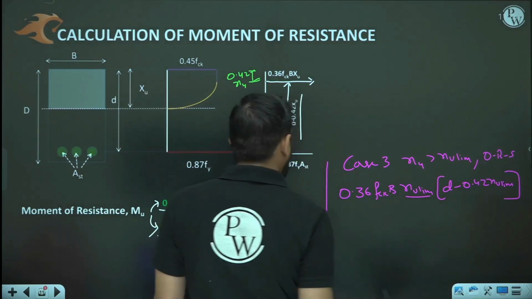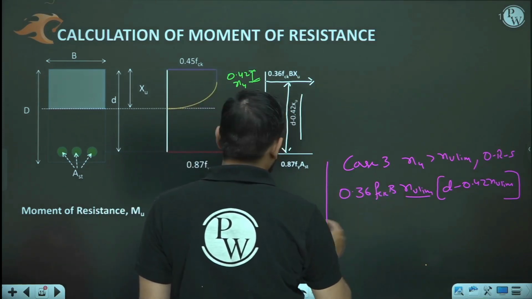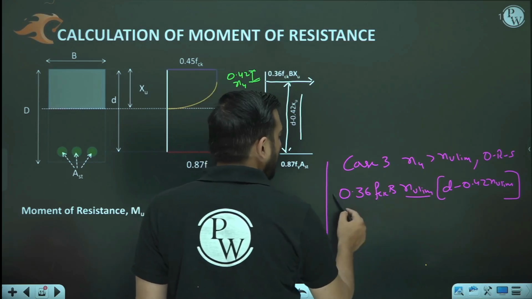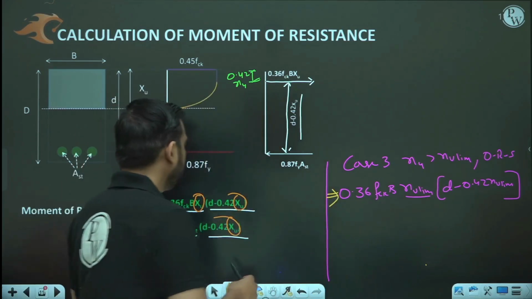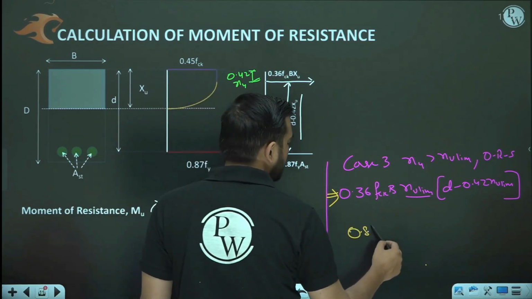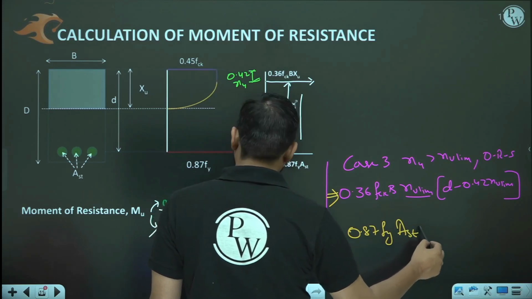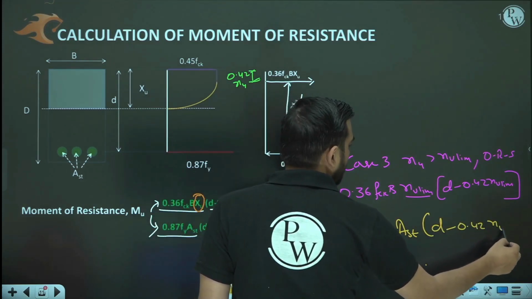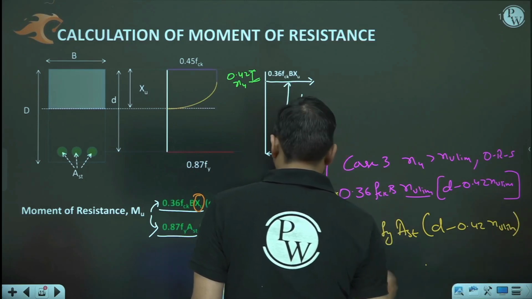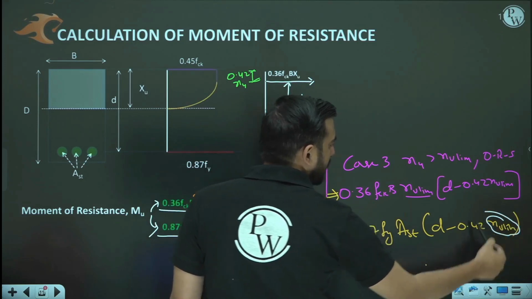Okay, and one more thing: even if you substitute XU as XU limit, you would get the correct answer from the compressive side, but from the tensile side you are not going to get the right result even after substituting XU limit. You know why? So the error is here.